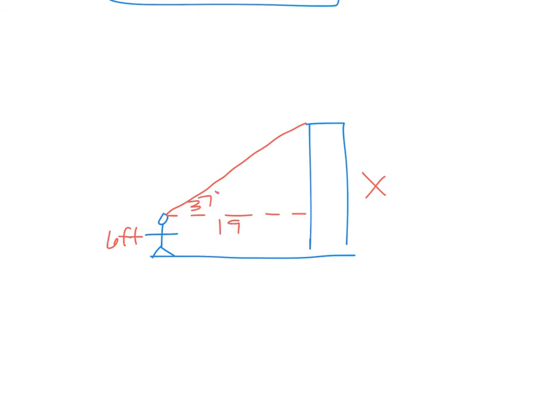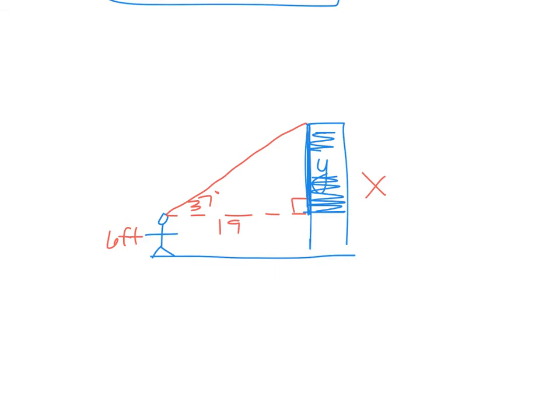All right, I want to know how tall that building is, and this is the scenario. So his eye level is at 6 feet, looking up at an angle of elevation of 37 degrees. How tall is that building? What is x? Tan. You've got to use tangent, right? We've got to start by finding this. We'll call this y for now, okay? That's just this piece of it, the y.